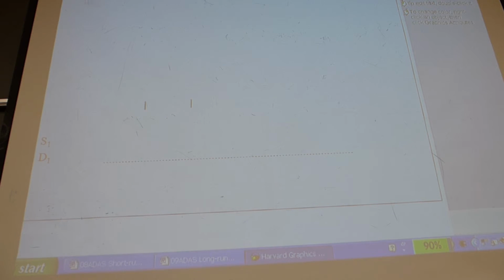Okay, so remember, we had aggregate expenditure equals 2,000 plus 0.75y minus 4p.